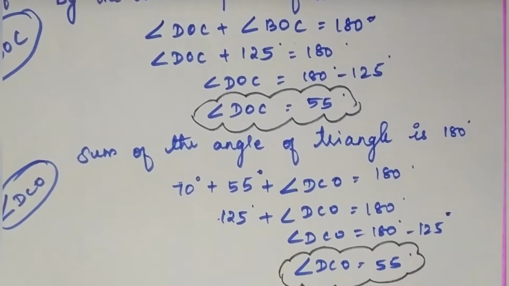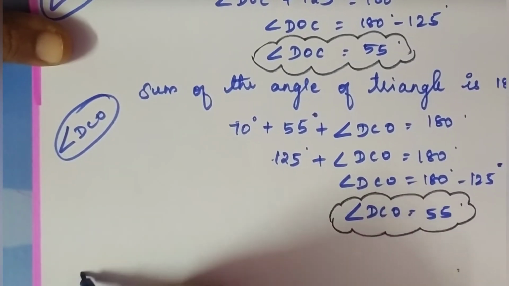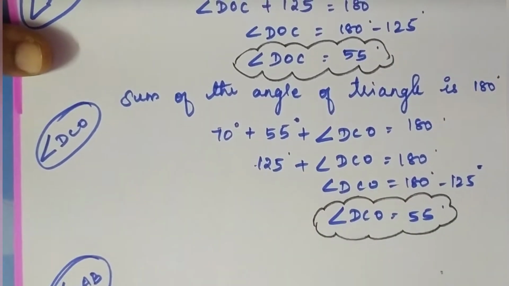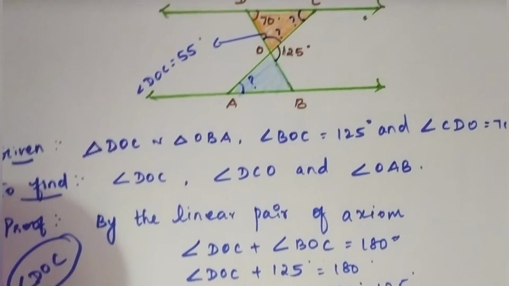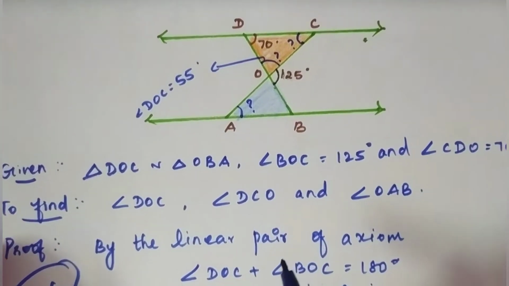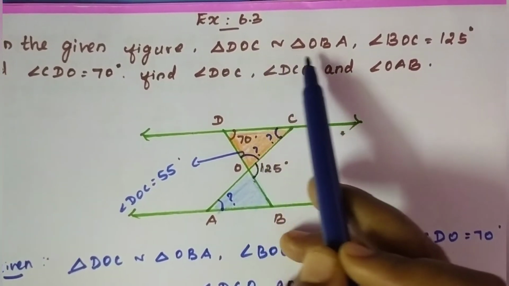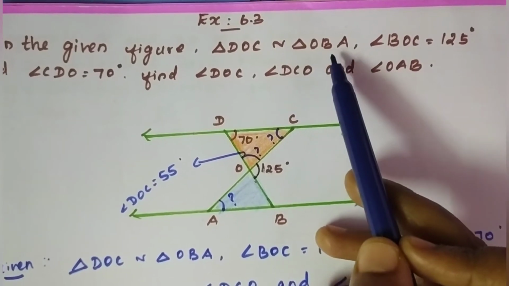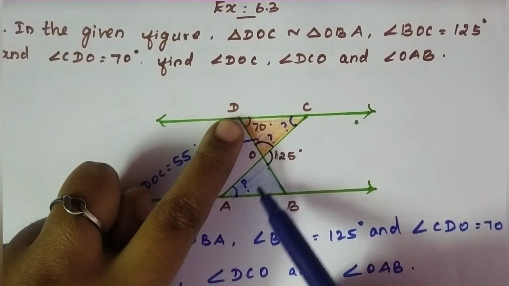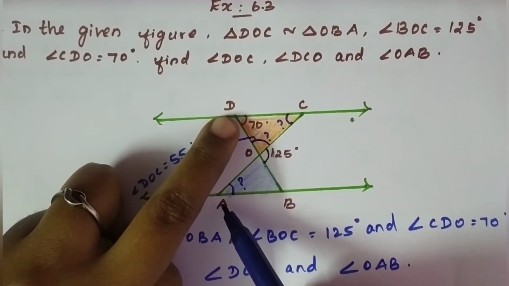Third one, what do we have to find? Angle OAB. How can we find angle OAB? The first thing given is that triangle DOC is similar to the triangle OBA.